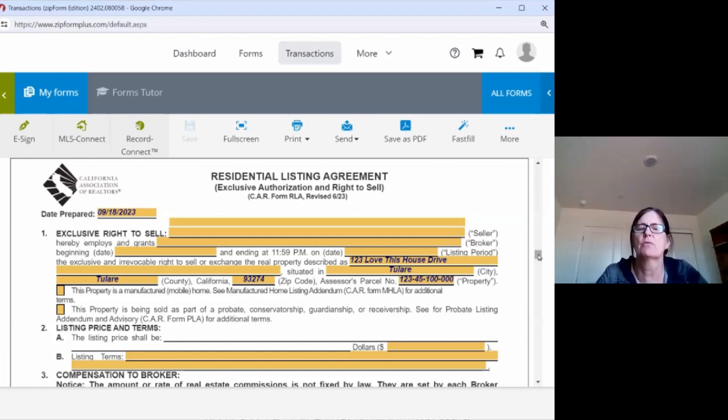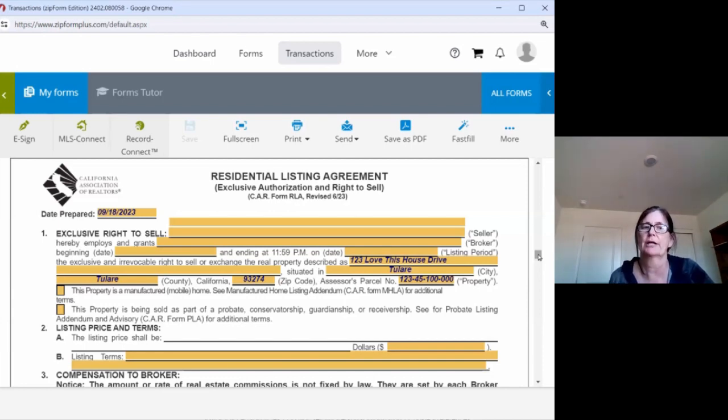And so even though we put certain things on the listing agreement, the buyer will never see the listing agreement. And so just because it's on the listing agreement does not make it a contract term with the buyer. And I'll show you where that comes into play a little bit later. So just know that whatever you're putting on here is basically the seller's intent, but is not a contractual term between seller and buyer.